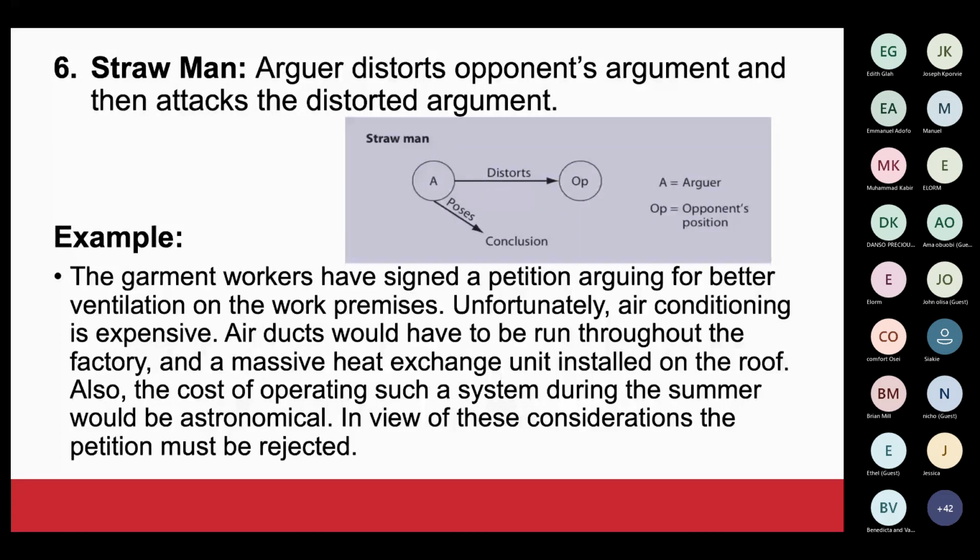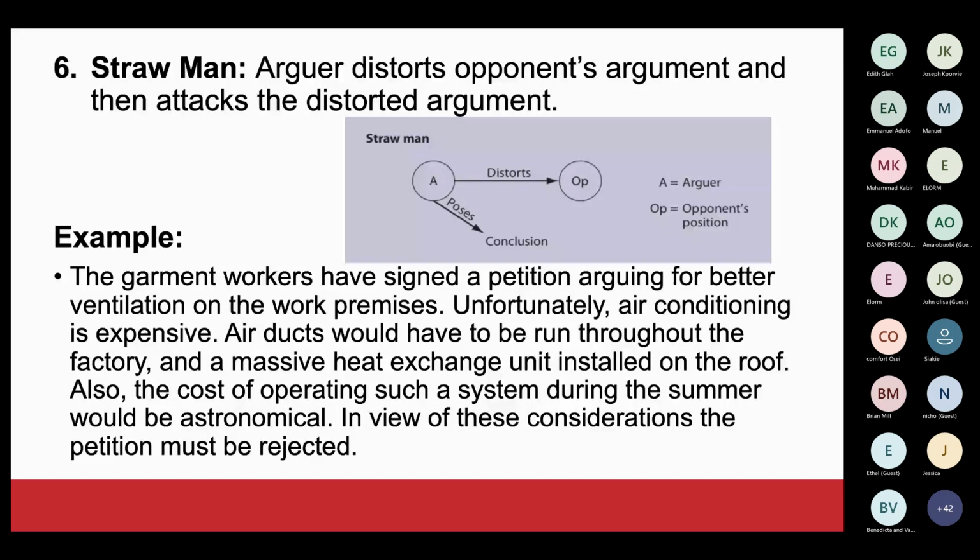Now look at it well. The opponents are saying that they want a better ventilation system in the work premises. That is the argument, and such steps will need to be taken for them.